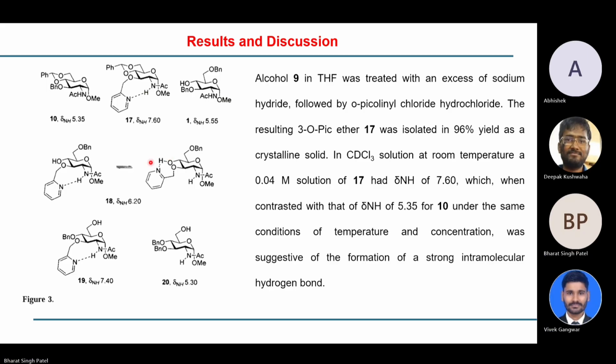Yes, their motive was to disrupt this intermolecular hydrogen bonding, and somehow get intramolecular hydrogen bonding.